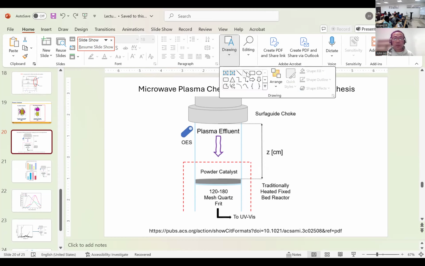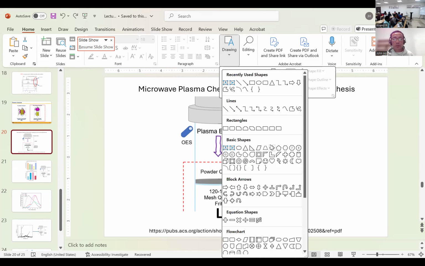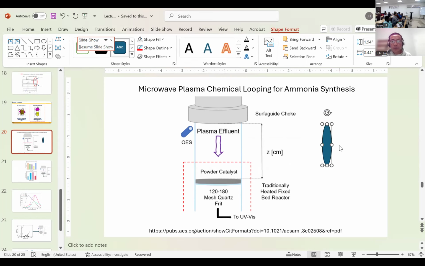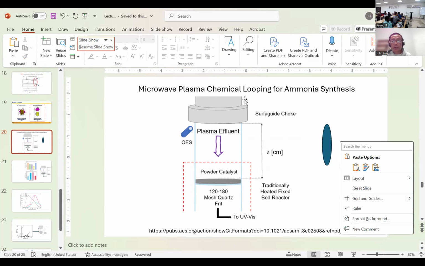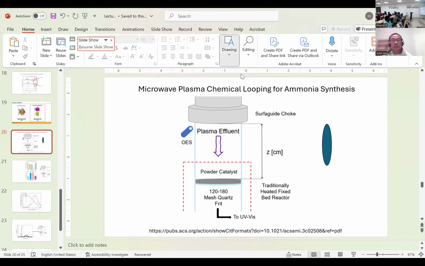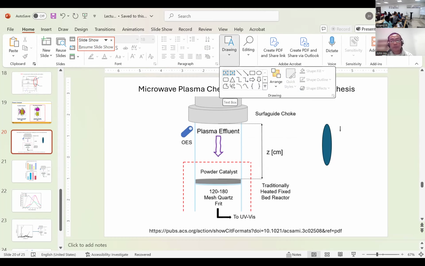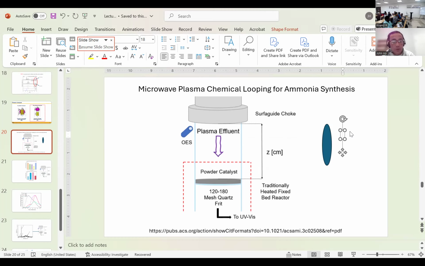Someone mentioned that you have a microwave in your laboratory. So another way to generate plasma is more like this. You begin with argon plasma, and then you flow nitrogen onto it. That's the way to generate plasma.